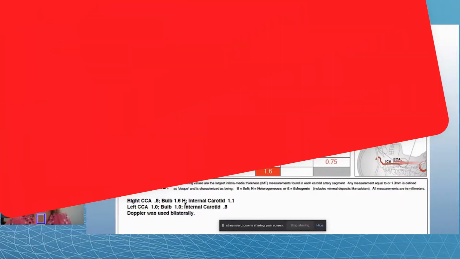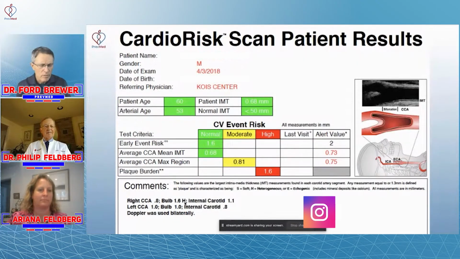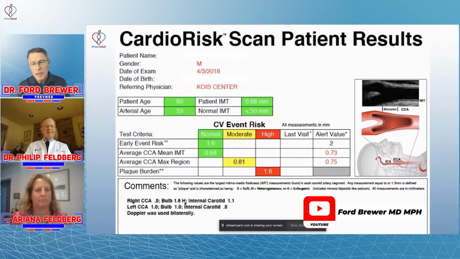So people say to me, after having seen my videos on me decreasing my IMT, they say, I want to get rid of my plaque. And I would say, well, I know less than 5 people total that have actually had that happen. So that may not be practical, but getting it away from soft plaque to heterogeneous for sure is a realistic goal. And for many people, getting it all the way to echogenic is a realistic goal as well.